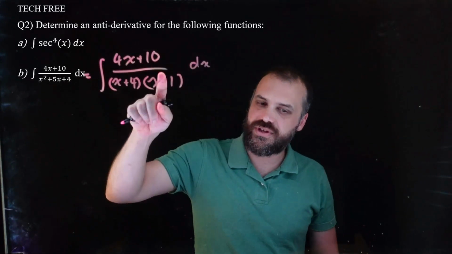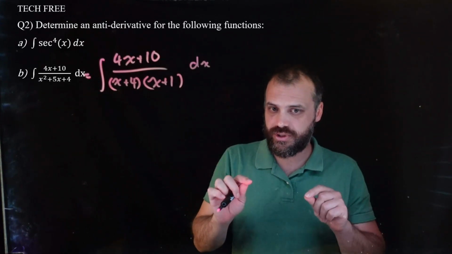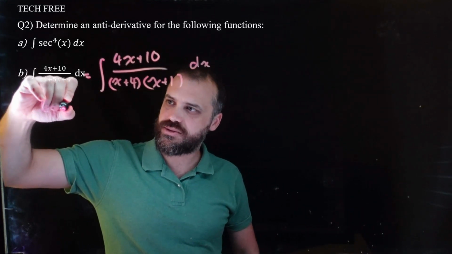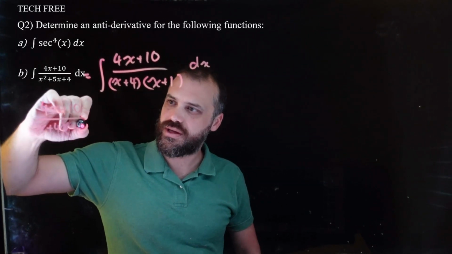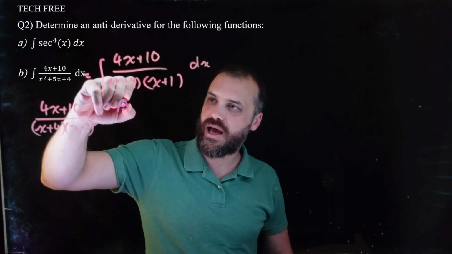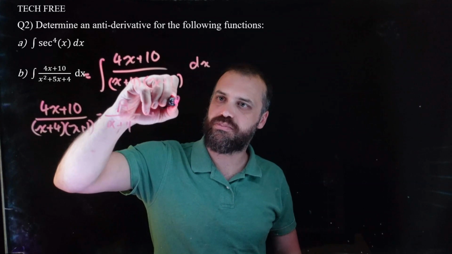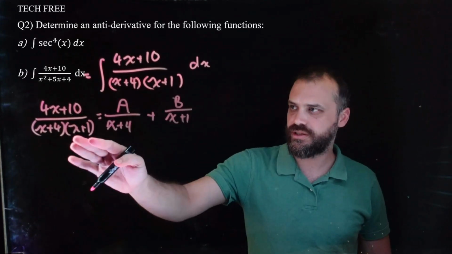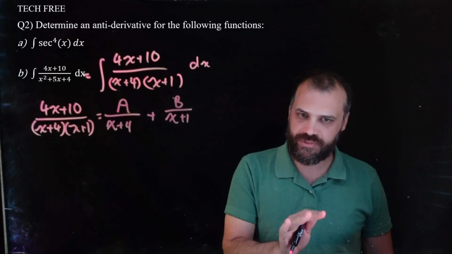Now we need to have this as a partial fraction, and so it should be clear to us that 4x plus 10 over x plus 4, x plus 1 is equal to a over x plus 4 plus b over x plus 1, right? So we should be able to do that as partial fractions. That's something we should be very, very familiar with.